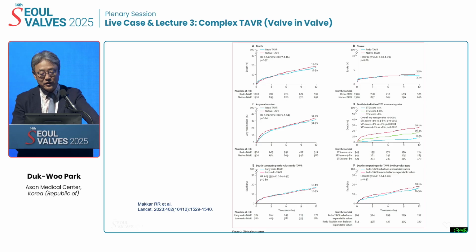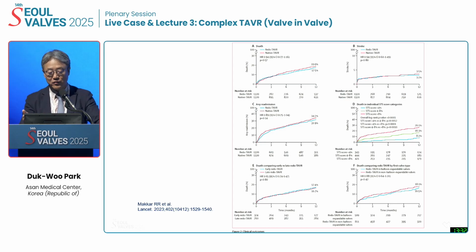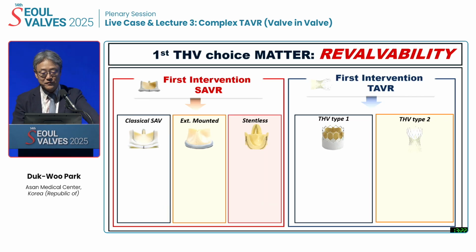Looking at the overall major outcomes, death, stroke, any readmission, and death or later redo TAVR, the overall outcome is quite comparable regardless of whether the procedure is redo TAVR or native TAVR. The real-world data shows that redo TAVR in terms of clinical outcome is quite acceptable.